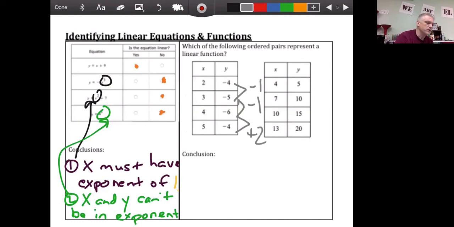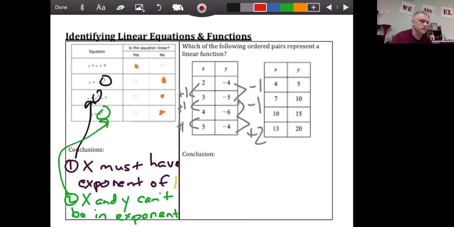Okay, so because we had consistent adding 1 for the x's, and you had almost consistent but not quite, we had an inconsistent pattern with the y's.